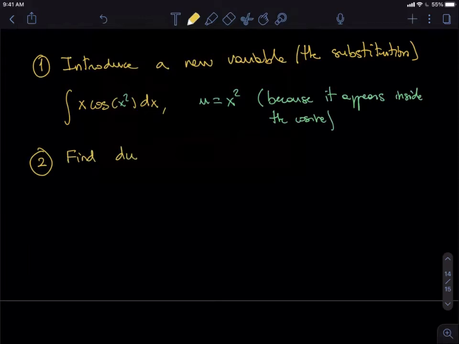Anyway, once you have your substitution, the next step is to find du. In this case, it's very clear: u is x squared, so du is 2x dx. So that's step 2.